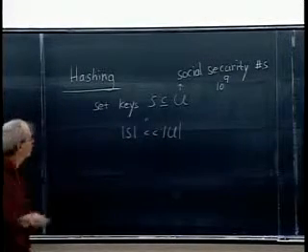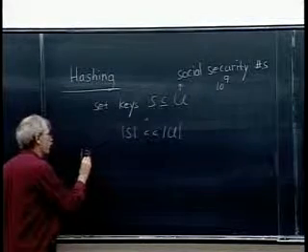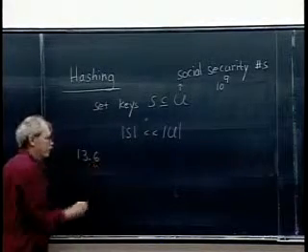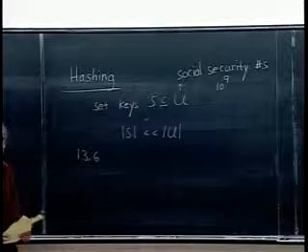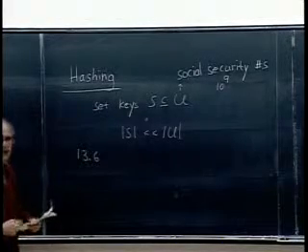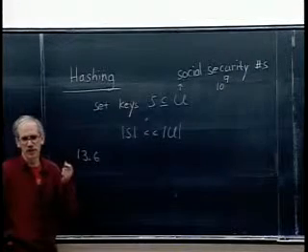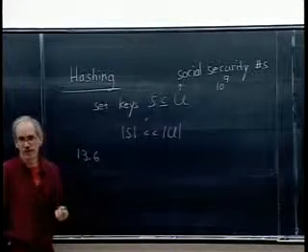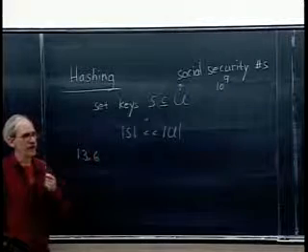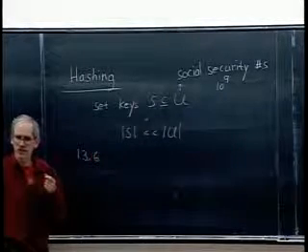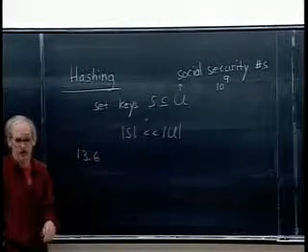And let me say that what I'm going to be talking about first comes from section 13.6 in the text. And in that, one of the examples that they give is where people are storing news articles. And as a new news article comes in, you want to see if it matches one you've already stored.